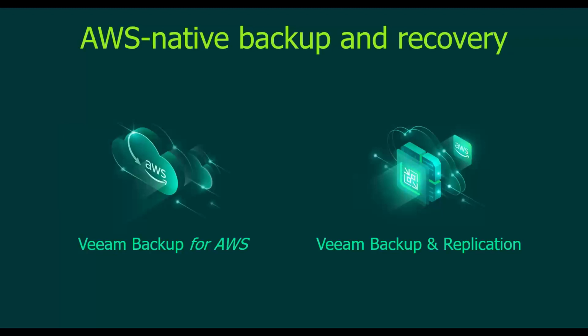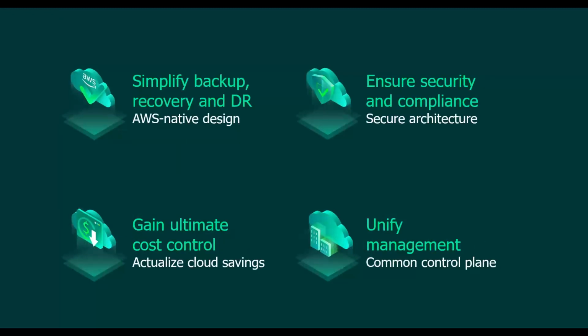So looking at the main features, it's AWS native, like I was saying, and of course we built a secure architecture. So we store the backups encrypted. The appliance we are using is built from a secure perspective.